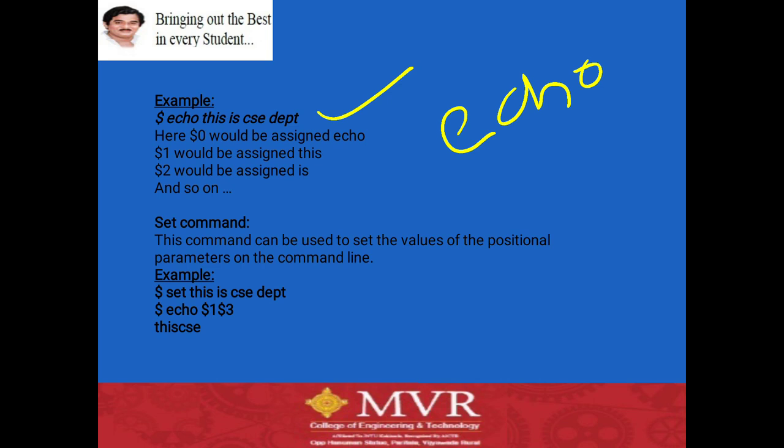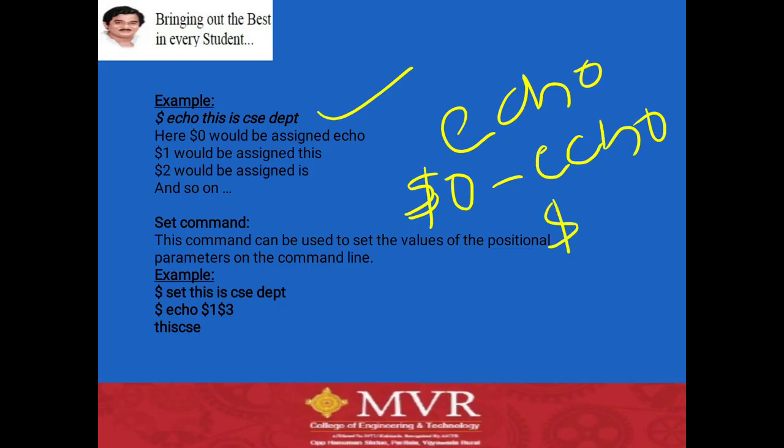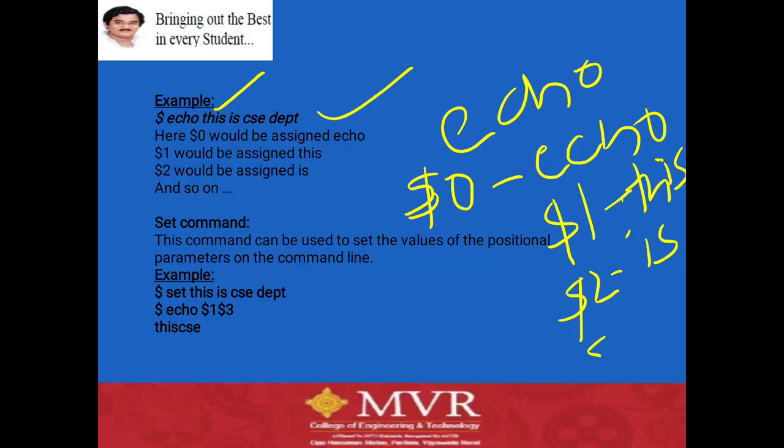As I said, the first positional parameter is $0. What does $0 contain? $0 contains the command, which is nothing but echo. Then $1 contains the first argument, that is, this. $2 contains is. $3 contains CSE. And $4 contains department.